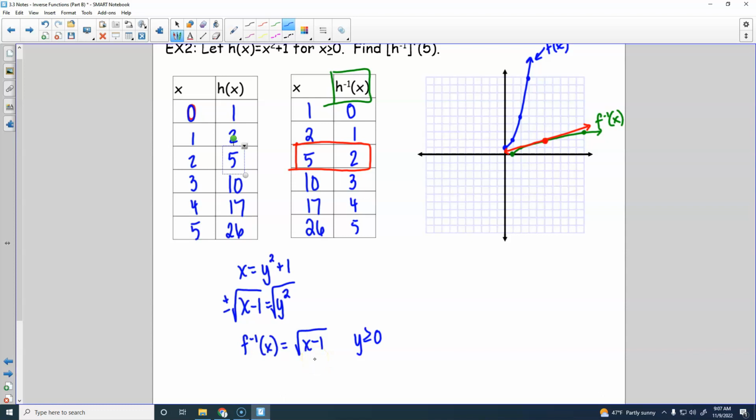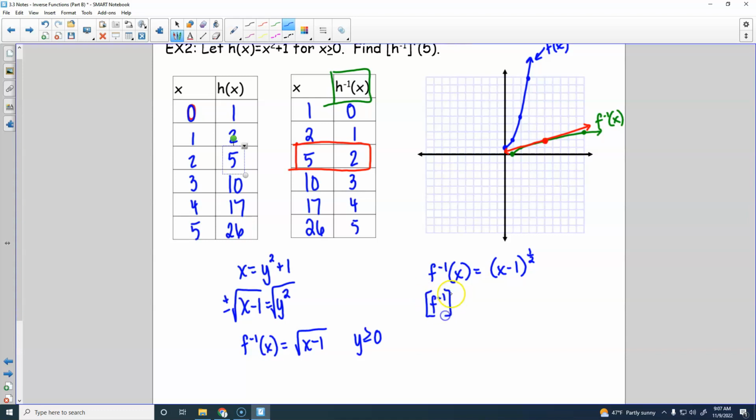All right, so I could write f inverse of x as x minus 1 to the 1/2. We've got to find the derivative of this. Again, notation is kind of weird.